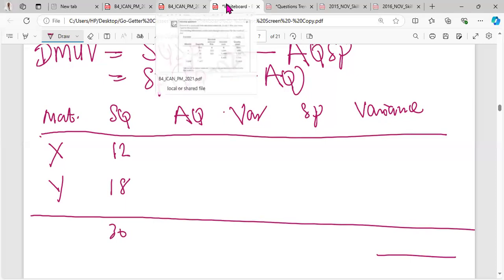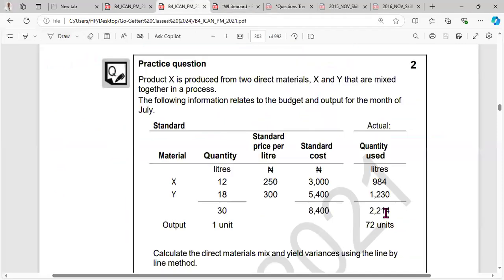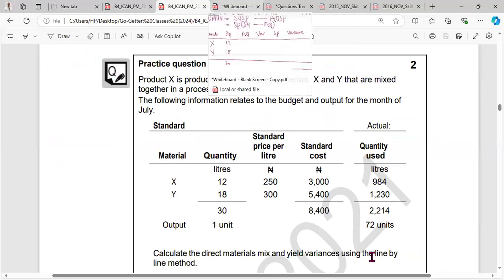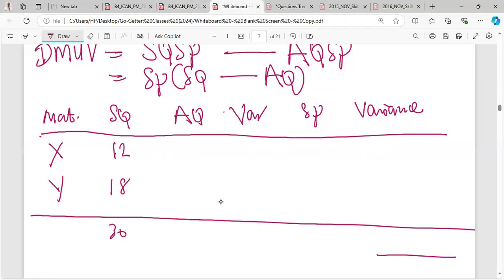Once again, how many was produced? 72 liters, 72 units was produced. So I will just come here and multiply by 72.